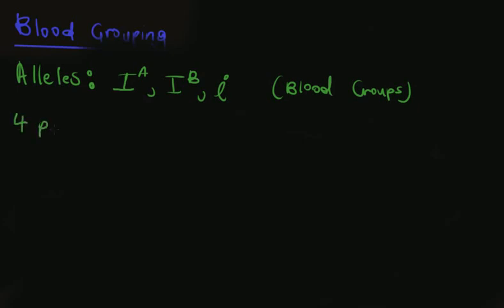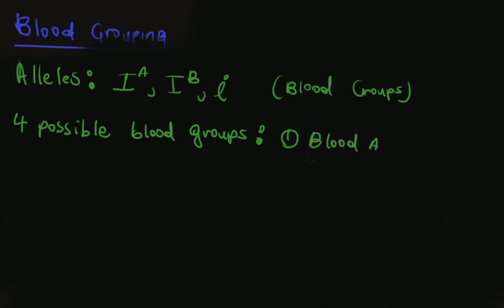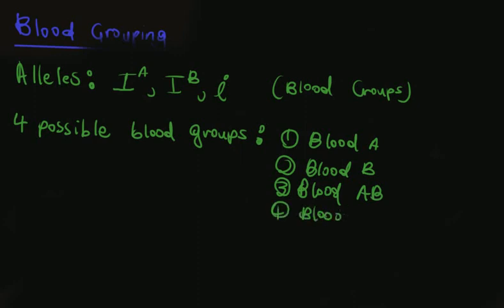Then we have 4 possible blood groups, which are blood group A, blood group B, blood group AB, and blood group O. So we've got those possible blood groups.